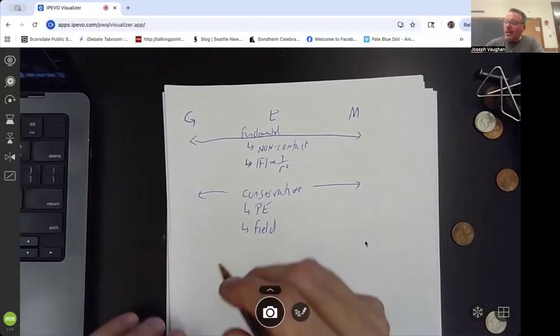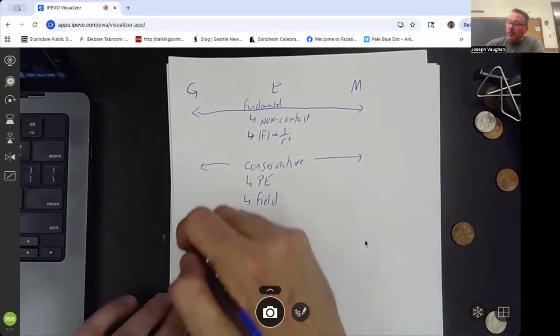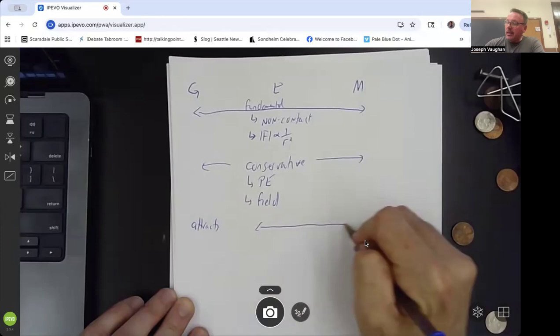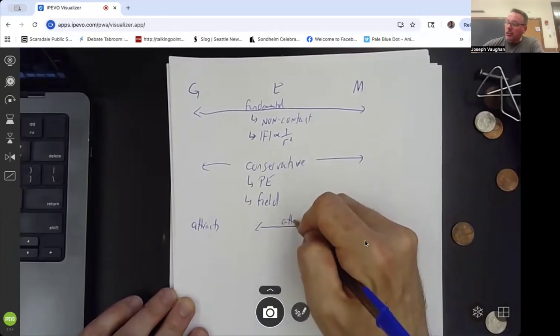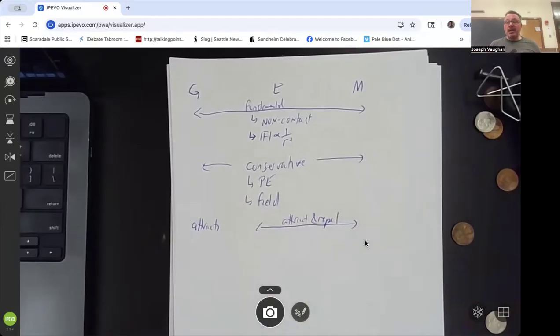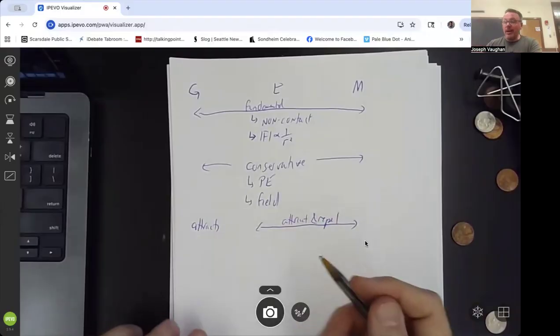But there are some important ways in which they are different. The gravitational force only attracts, right? But we know the electric and the magnetic force can both attract and repel. And that's super important because we connected that idea with flavor, right?